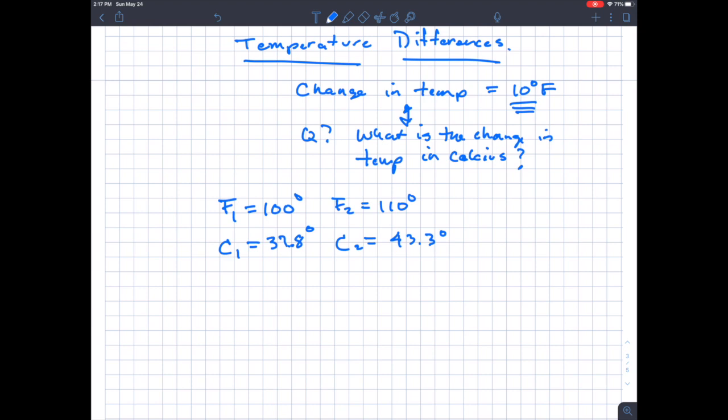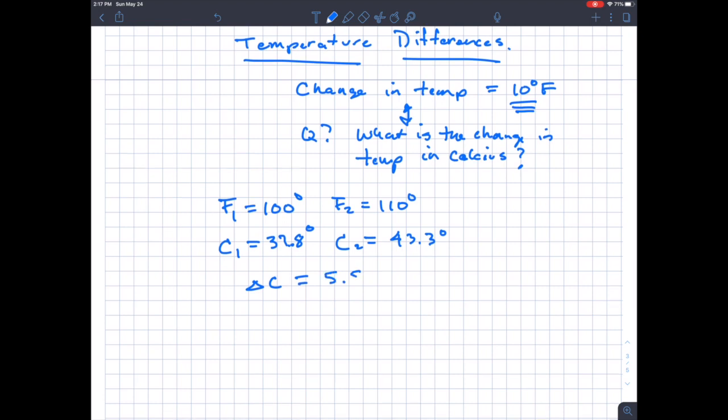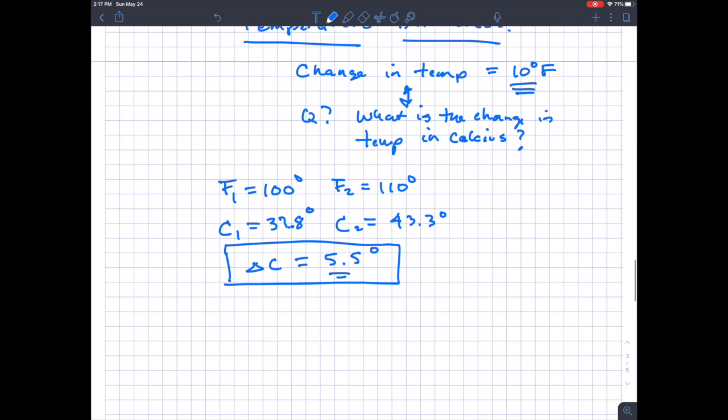Okay, Siri, what is 43.3 minus 37.8? 43.3 minus 37.8 is 5.5. So the difference, the delta in temperature for the Celsius scale is 5.5 degrees.